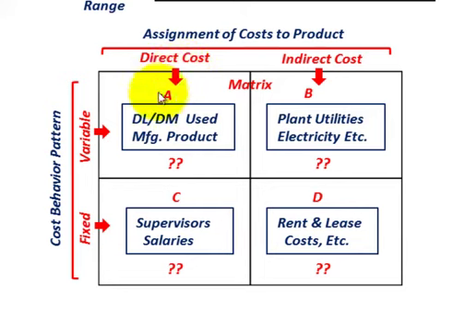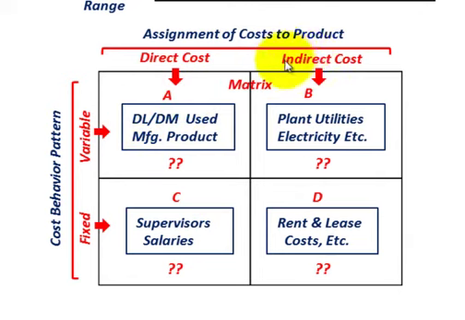So it's a direct cost. These costs are directly traceable to the product here, but it's also variable because it varies with the amount of production. You need more direct labor and more direct materials with an increase in production. Okay, so that's for our direct variable.